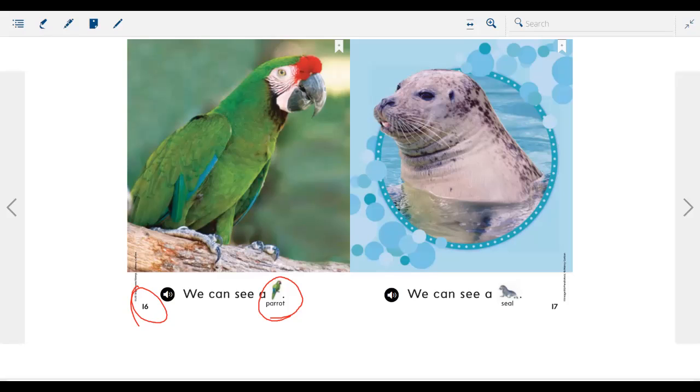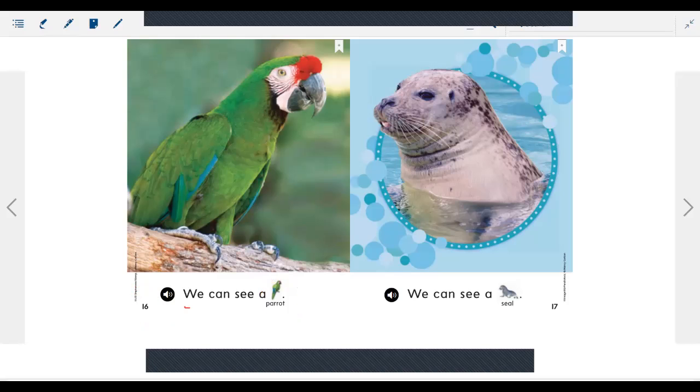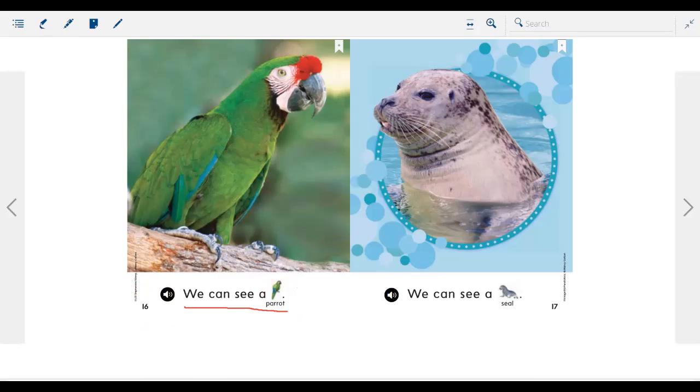It's helping you to decipher what that word is. Okay, let's read this together. We can see a parrot. Let's read it again. We can see a parrot.